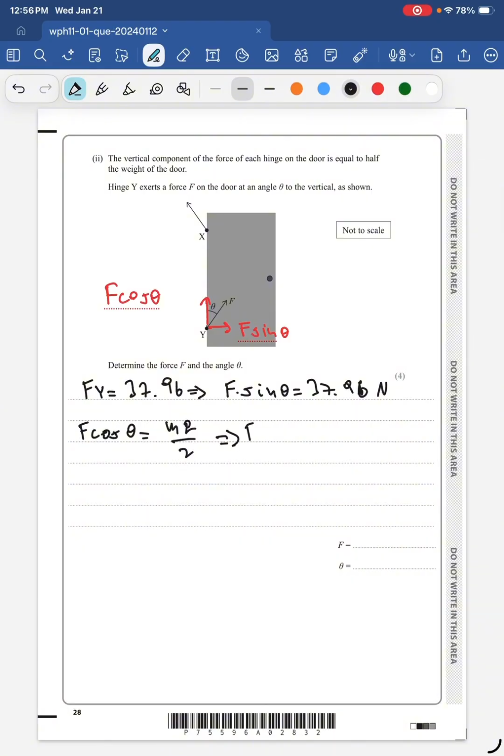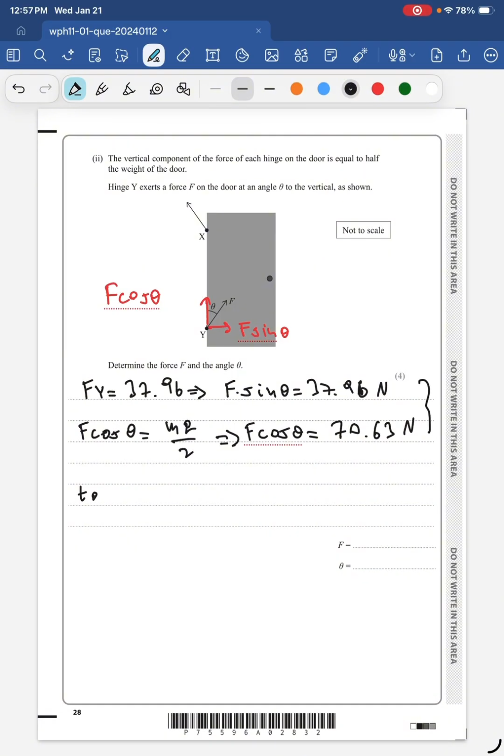So F cosine theta is 70.6. That looks like a lot. Did I mess up something? 14.4 times 9.81 over 2. No, 70.63 newtons. Okay, so we have two equations with two unknowns.